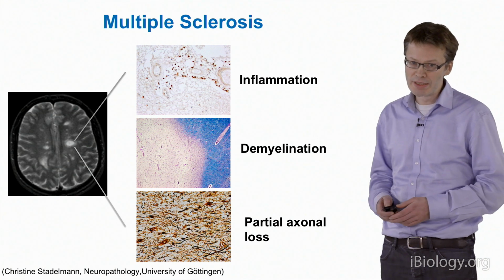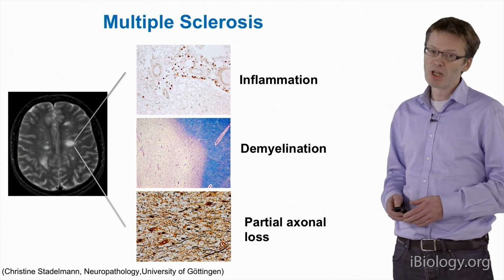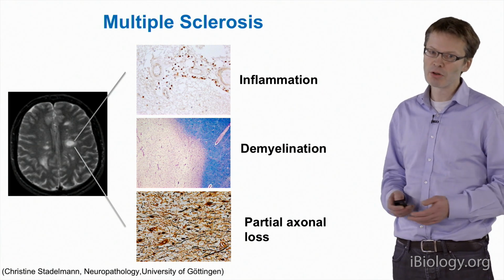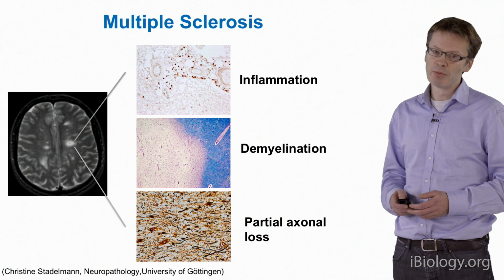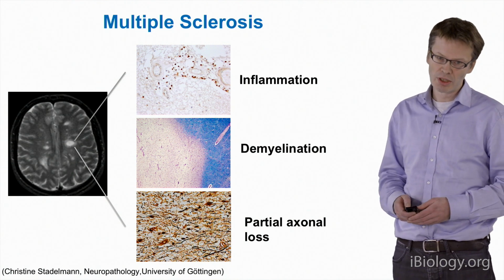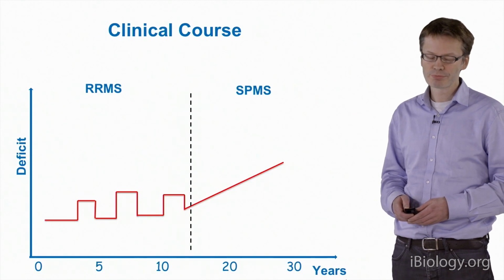The second hallmark is demyelination. You can see myelin in blue and a completely demyelinated area in white. The third hallmark is axonal loss. So in a lesion, there's also partial axonal damage or injury.